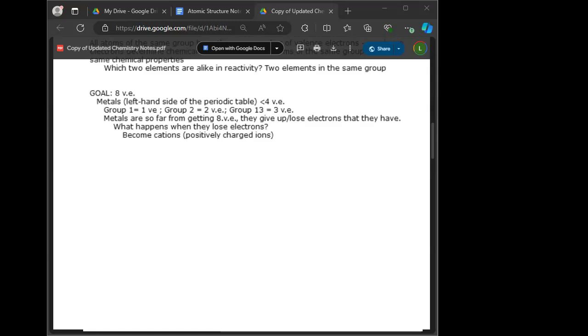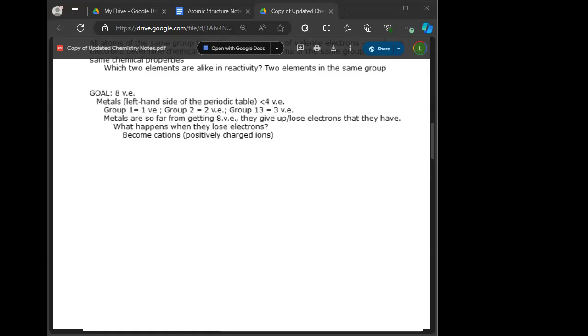But anyway, the metals, since they only have 1, 2, or 3 valence electrons, that is so far away from getting to 8 that they just give up.